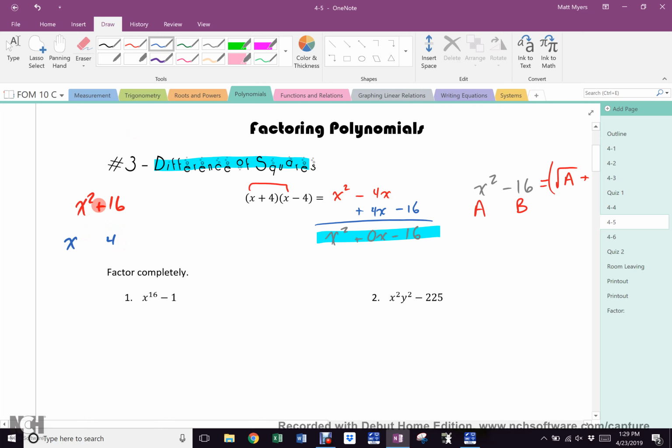For it to be plus, this would have to be plus 4, wouldn't it? Or it would have to be minus 4, wouldn't it? But when I FOIL that out, I end up with 4x plus 4x. There's a middle term, isn't there? And if I FOIL this out, I end up with minus 4x, and I get a middle term. It only works if it's a difference.